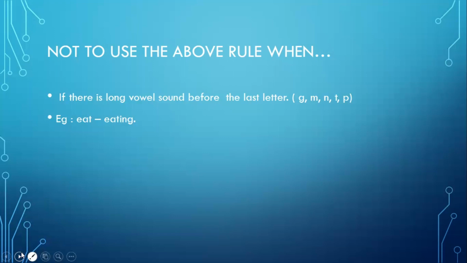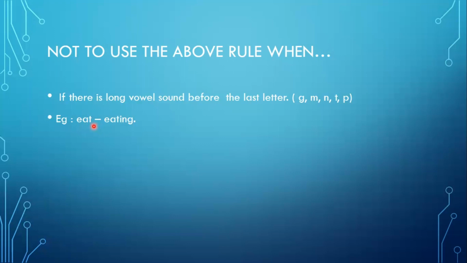For an example, eat. The last letter is T. But before that, we have a long vowel sound, E. We have to drag it, E. So you cannot double the last letter.